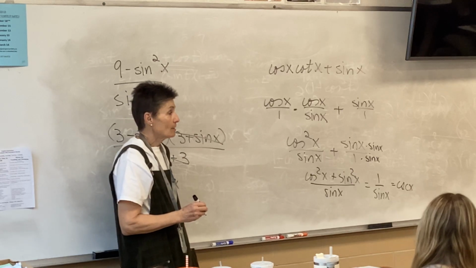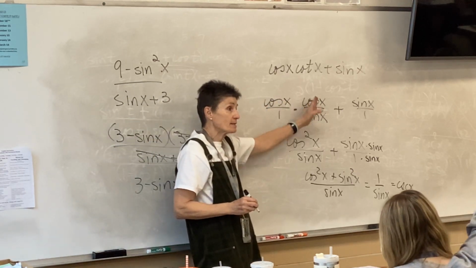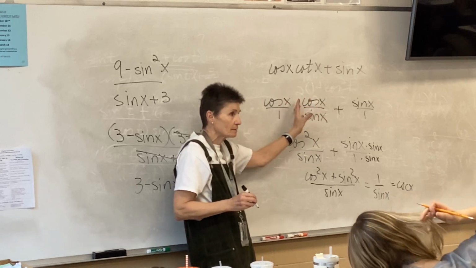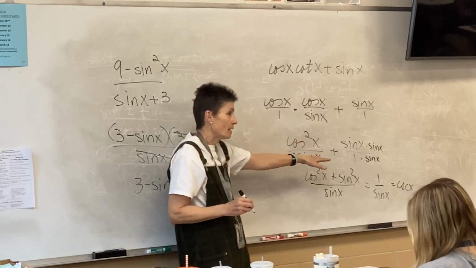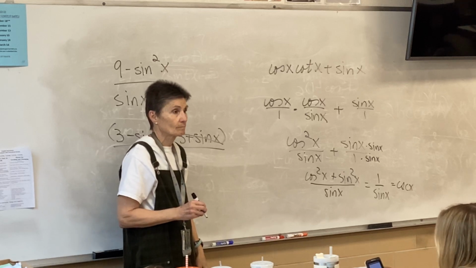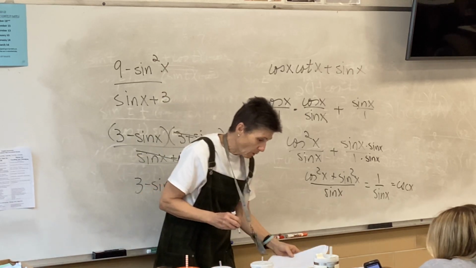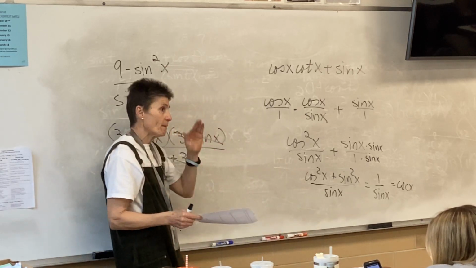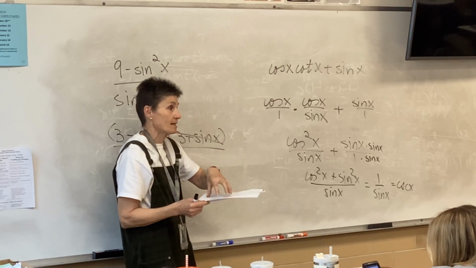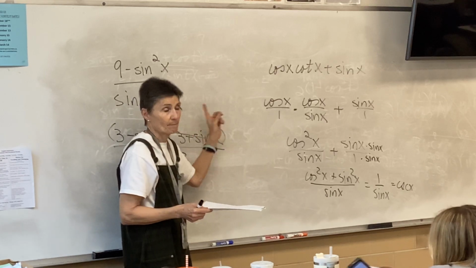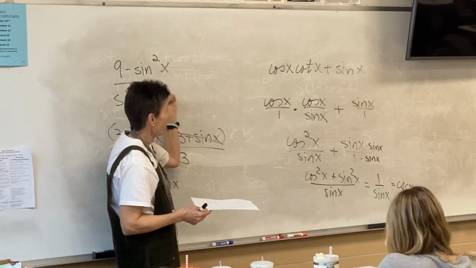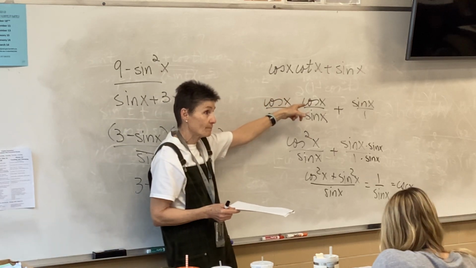Okay, so what do we do here? We changed cotangent into sine and cosine, changed into our fractions, and then we had to get a common denominator. All right, that's number 1. Your test, remember, looks just like this. So you're going to have to do a couple of these. One will probably look like that, and one will probably look like that.